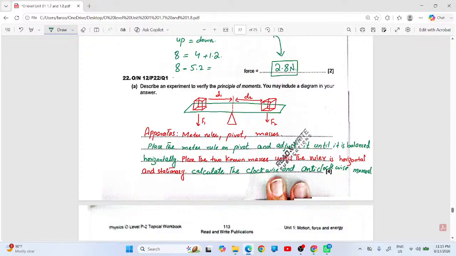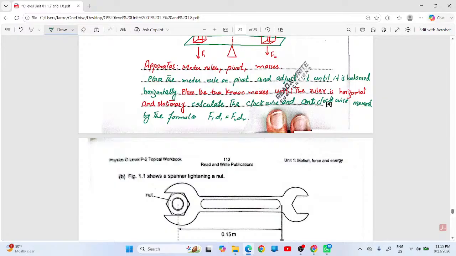Or, if you write by formula, what will the formula be? By the formula F1d1 equals F2d2. After this we write that the clockwise moment is equal to the anti-clockwise moment.